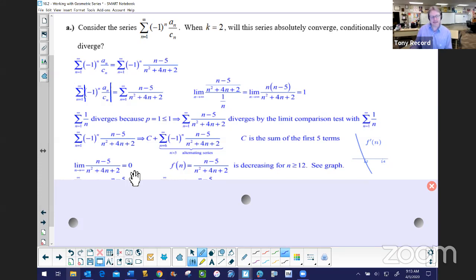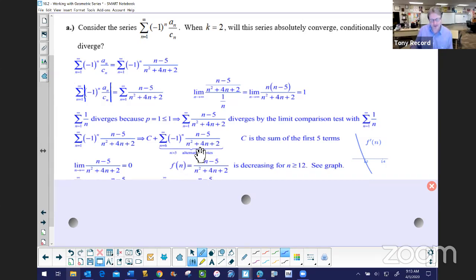And then the next piece is that you observe the behavior of the a sub n plus 1 term in comparison to the a sub n. Remember, we want the a sub n plus 1 term to be less than the term that comes before it, which says that this series is engaging in some non-increasing behavior, or we could say in this case, it's going to decrease, as you're going to find out.